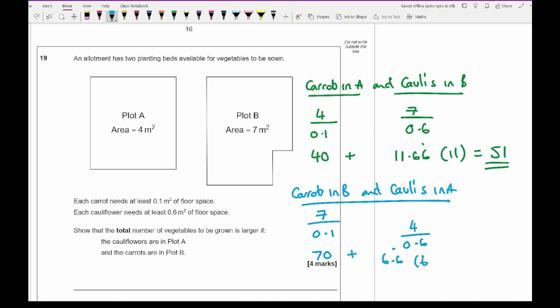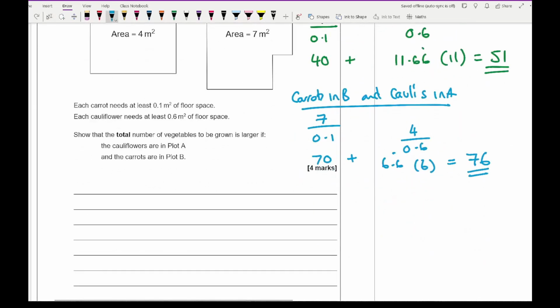So that's roughly 6. So then that's going to give me a total of 76. And that is why there is more in this combination than in the other combination. So therefore 76 is greater than 51.